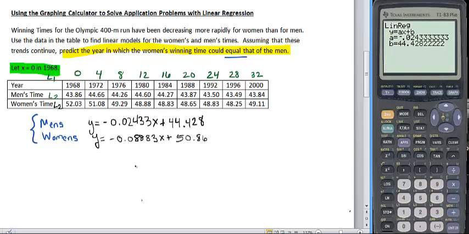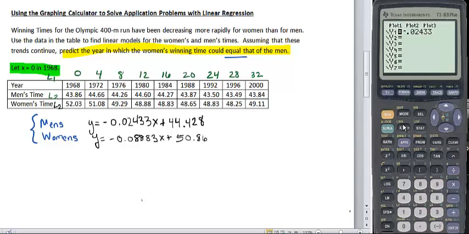So now I want to use my graphing calculator to determine where these two equations are equal. We just learned how to do that. I'm going to go to my Y equals, clear out anything if you have anything in there, and type in exactly what you have for Y1, your equation for your men's times.